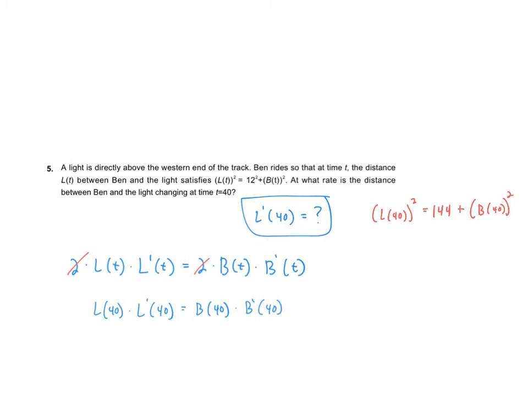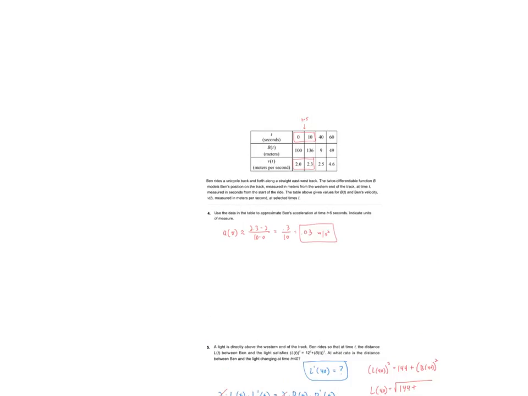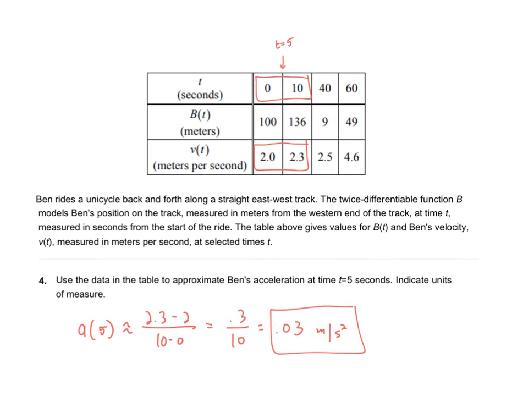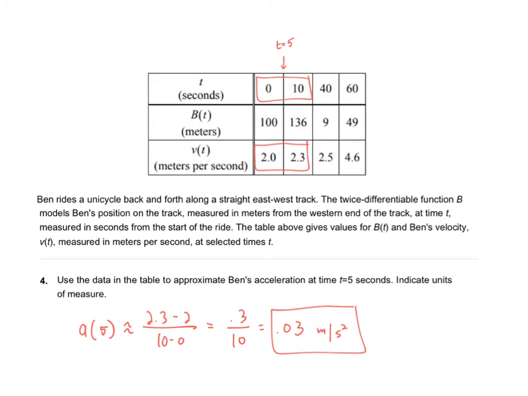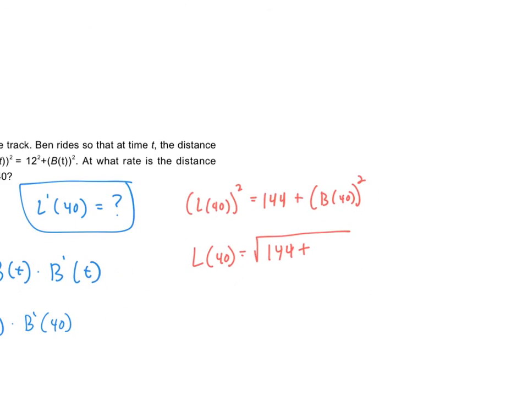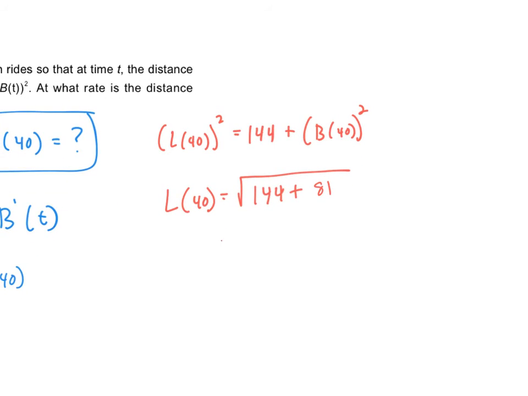So L of 40 equals the square root, and then we'll go up to B of 40. B of 40 is 9. You can see at 40, B is 9. And so this is 9 squared, which is 81. Then you add those, that's 225. And so that's 15.